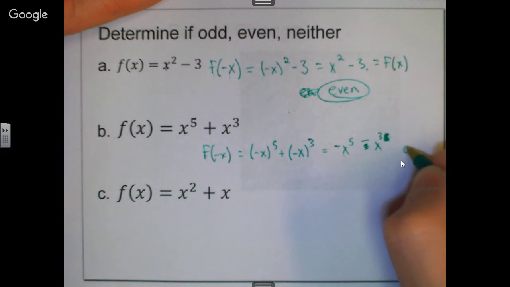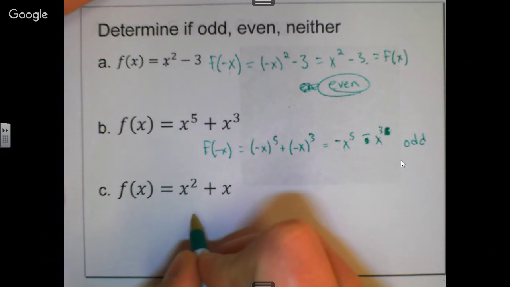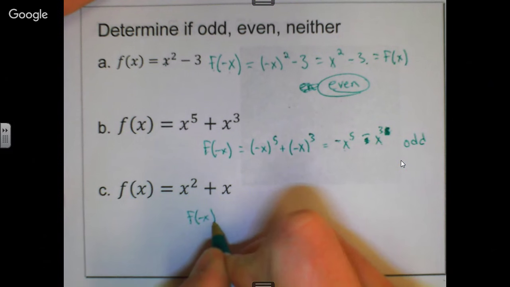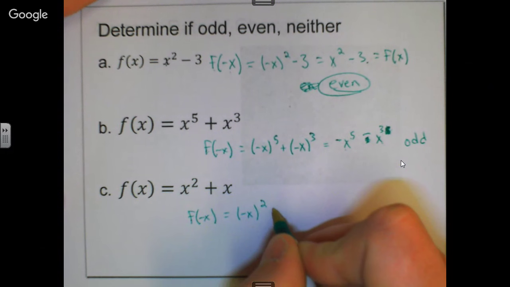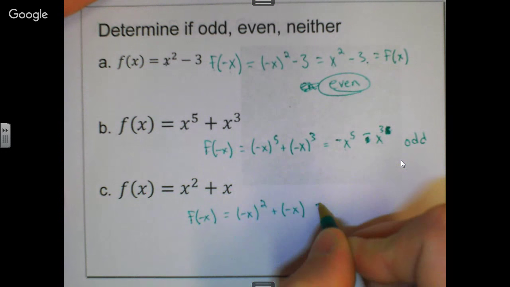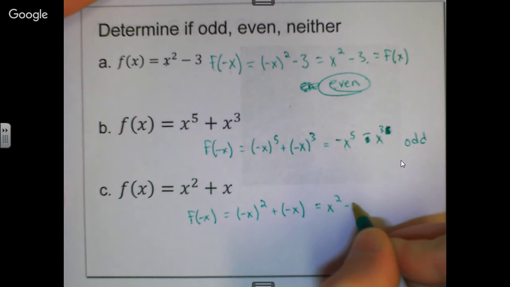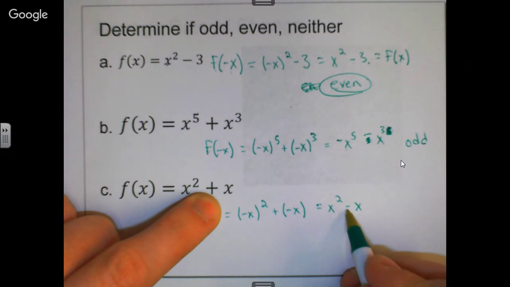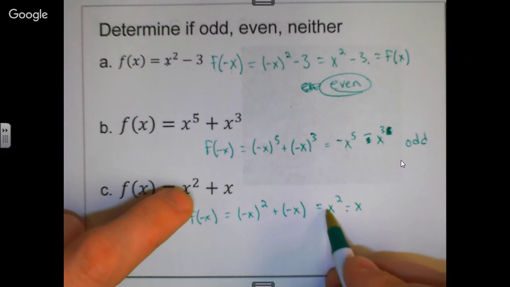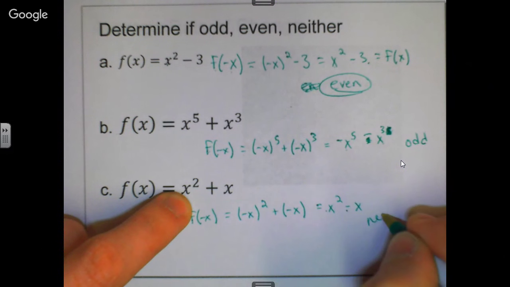So this one would be odd. And this last one, we have f of negative x equals negative x squared plus negative x, so that is x squared minus x. It's definitely not the same because of the plus and minus, but it's not opposite because both of these are positive, so it is neither.